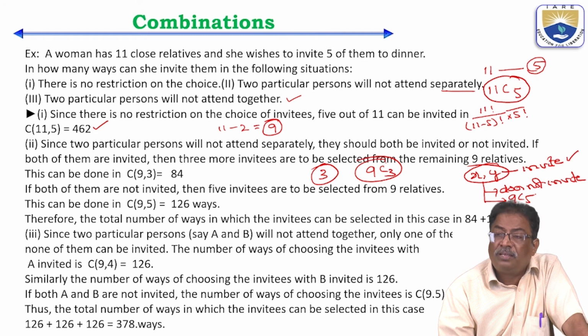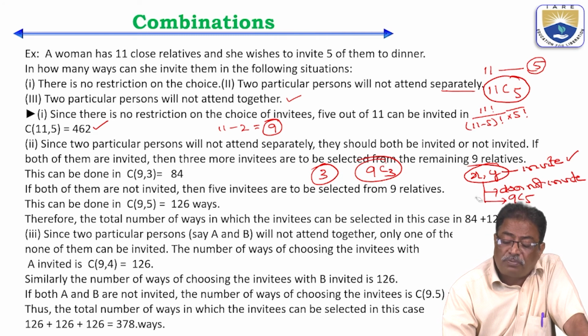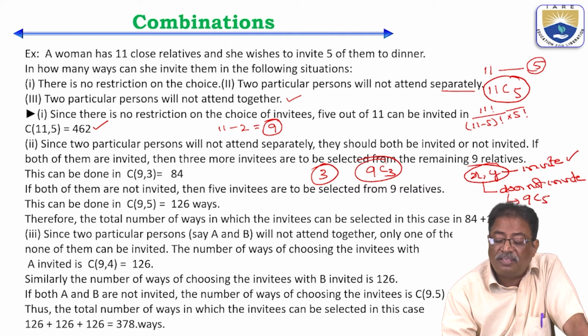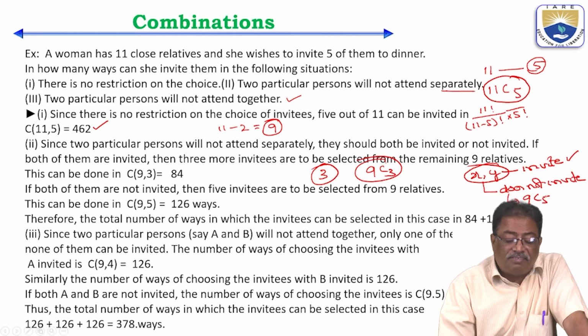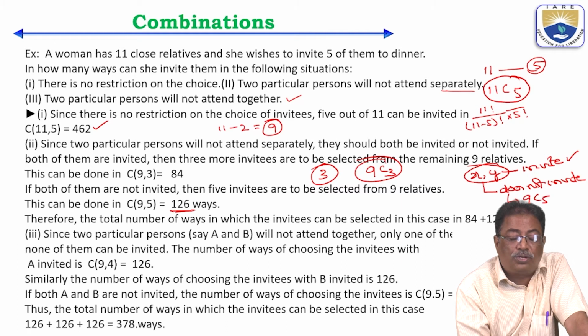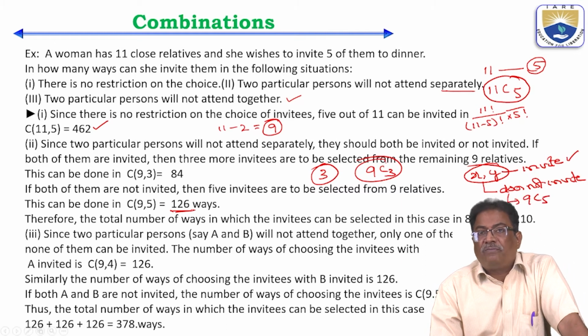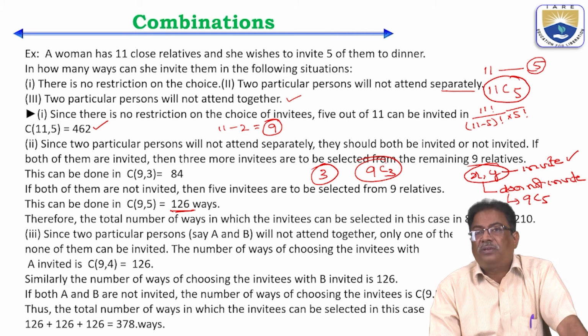So in the case of not inviting, she has 9C5 ways, which is nothing but 126 ways. 9 factorial divided by 9 minus 5 factorial into 5 factorial. If you simplify that, we get 126.